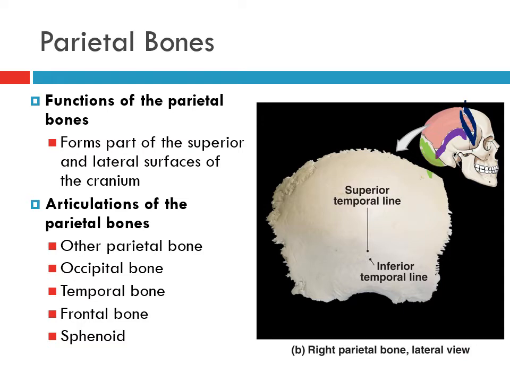And they also articulate with a very small portion of the sphenoid bone, and that is occurring right in that region there. Where that pink comes together with the white, that is where the parietal bone articulates with the sphenoid bone.